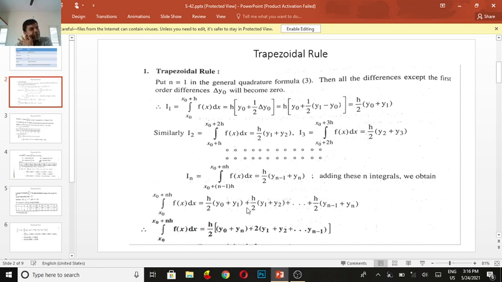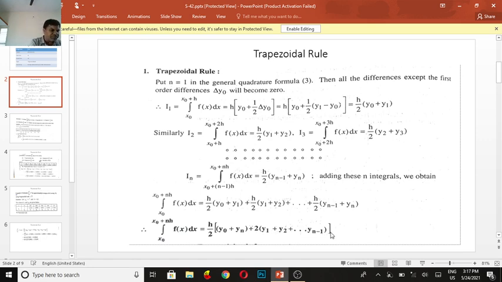Taking h by 2 as entirely common, the first and last terms appear only once, while y1, y2, y3 and so on appear 2 times each. Taking the 2 outside, we get 2 times y1 plus y2 plus y3 etc. up to yn minus 1. So generally we get the trapezoidal rule: the integral from x naught to x naught plus nh of f of x dx equals h by 2 times y naught plus yn, plus 2 times y1 plus y2 plus etc. up to yn minus 1.